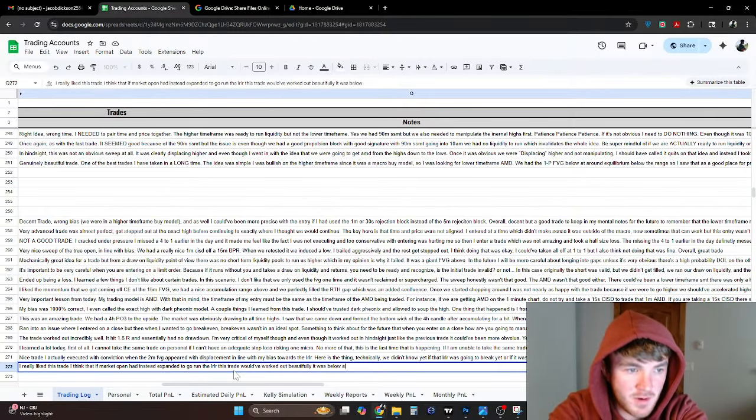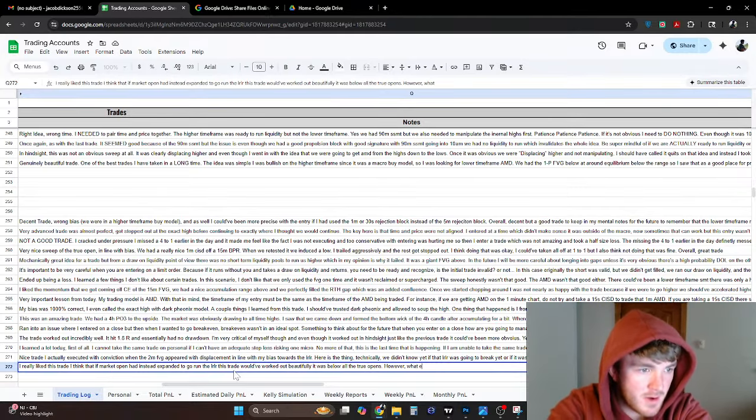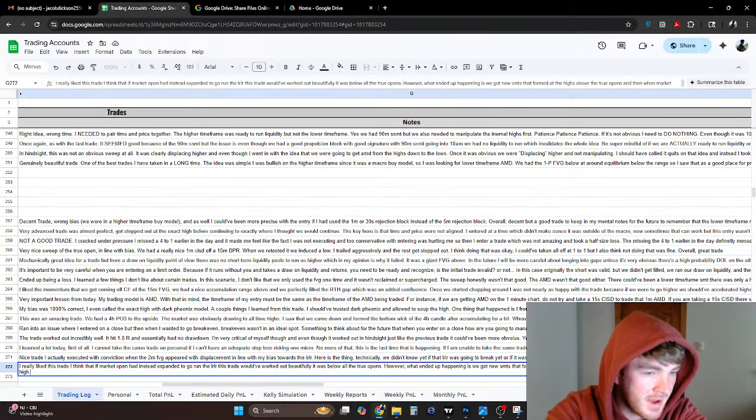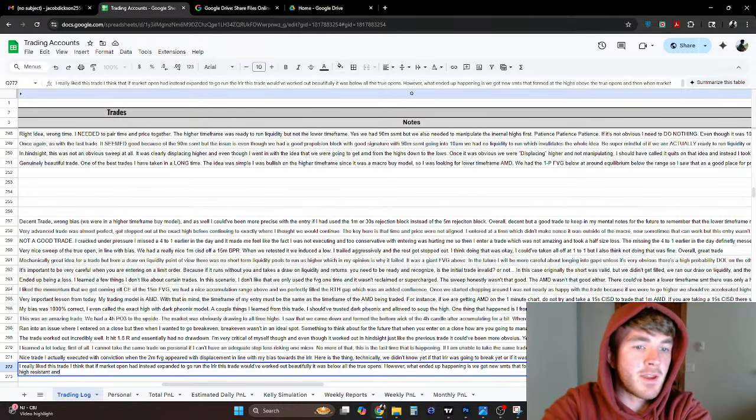It was below all the true opens. However, what ended up happening is we got new SMTs that formed at the highs above the true opens, and then when market opened, that curve actually stayed high resistant, and we continued lower.